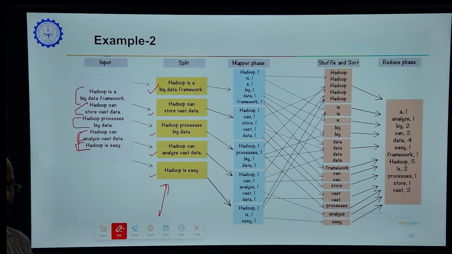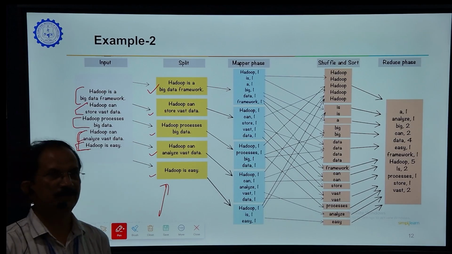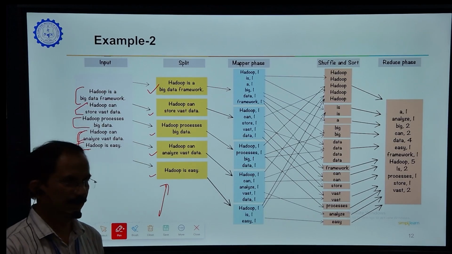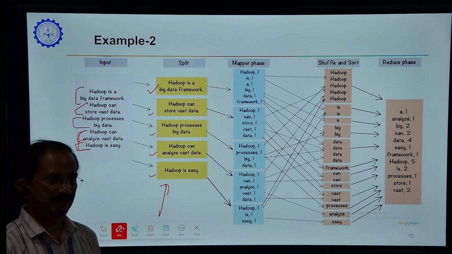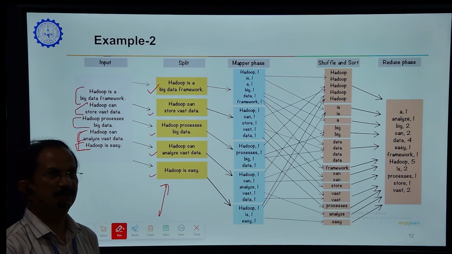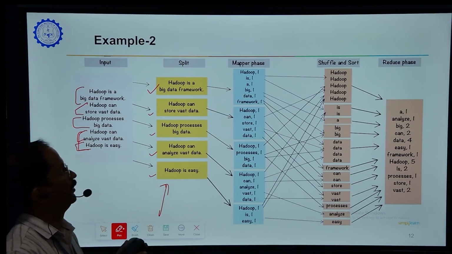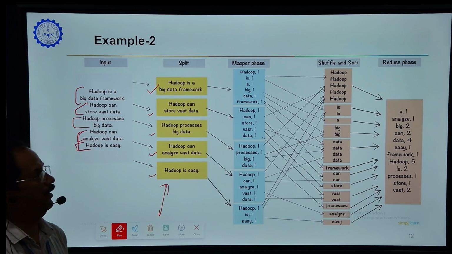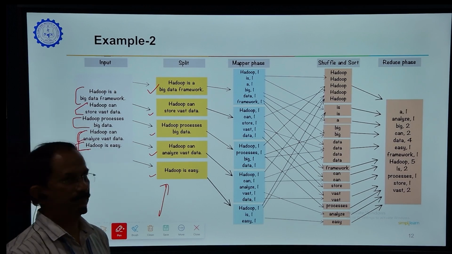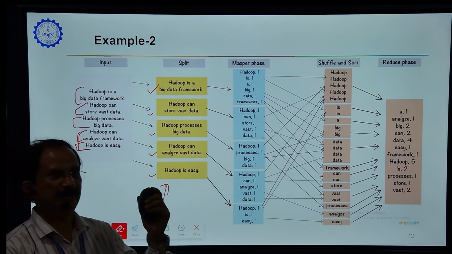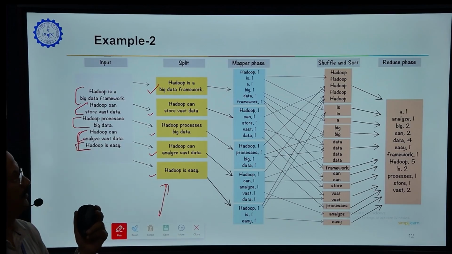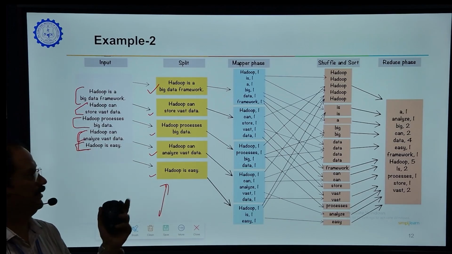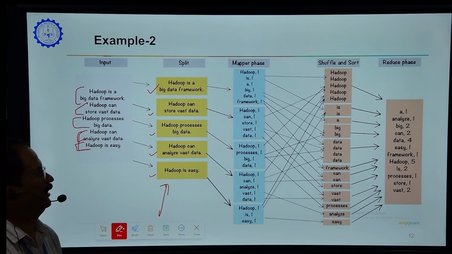A token is nothing but a word, but it depends on what kind of data processing we are doing. It may differ as per the requirement, and it is mentioned in the program how the data will be split, mapped, and shuffled and sorted. This is simply programming, code that executes in that manner.